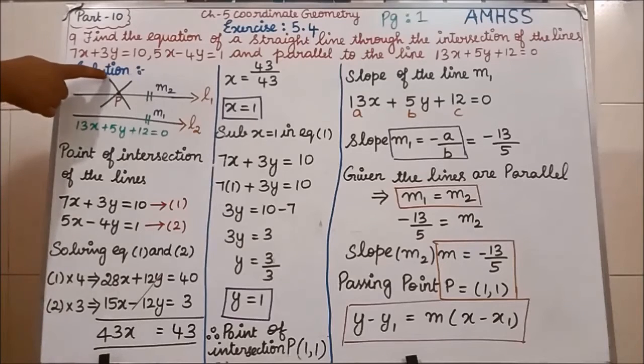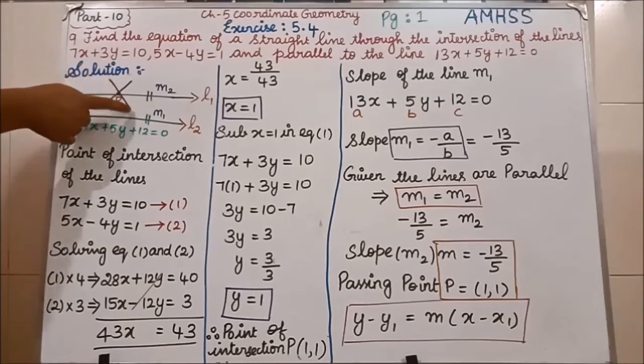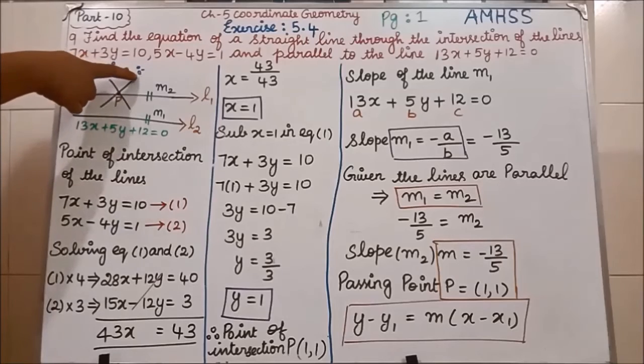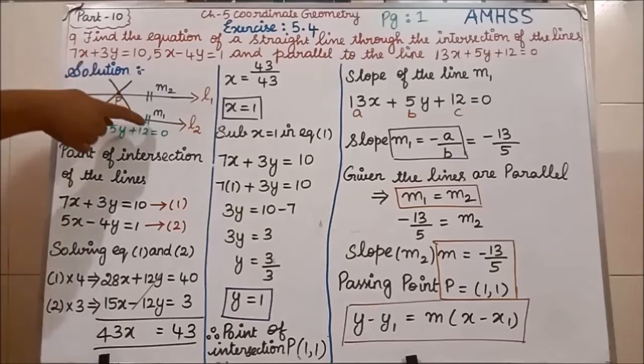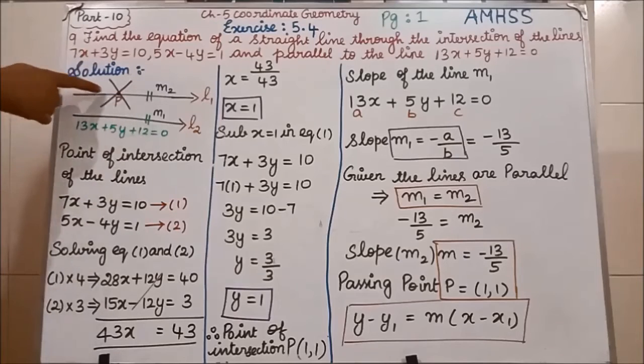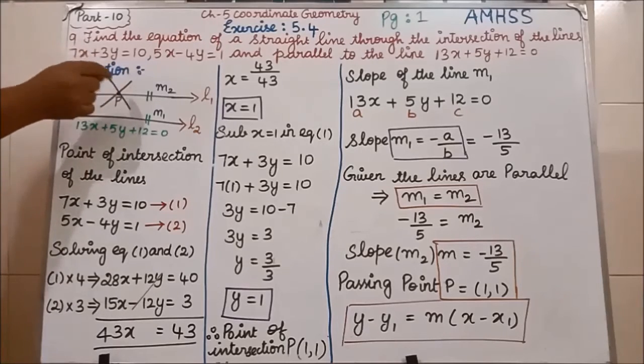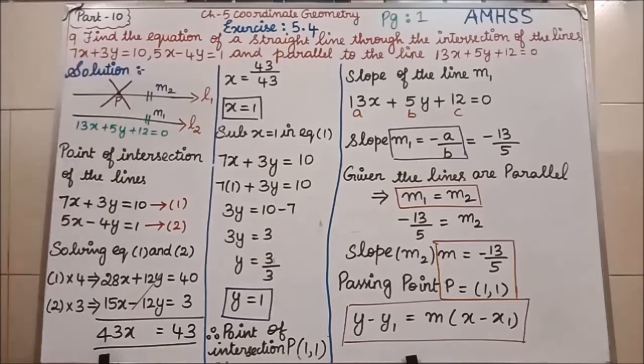See, this equation we take as 7x plus 3y equal to 10. This equation is 5x minus 4y equal to 1. Both the equations are intersecting on the line L1. Clear? So we have to find the intersection point, where these two lines touch on the line L1.